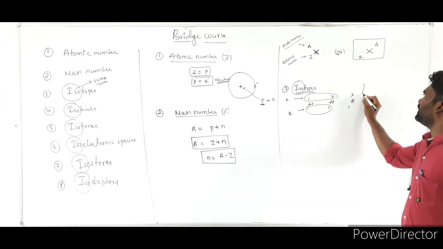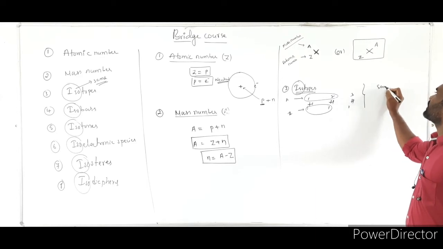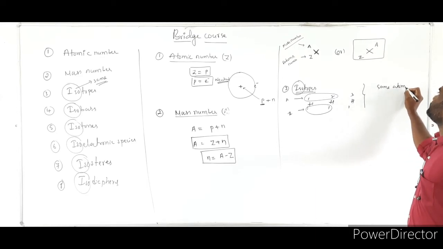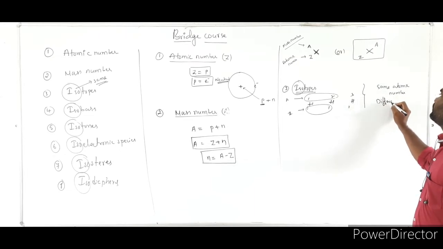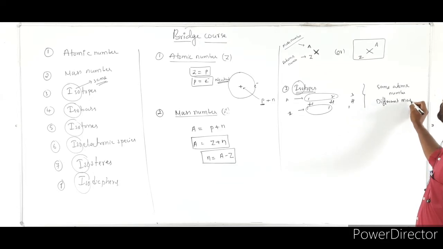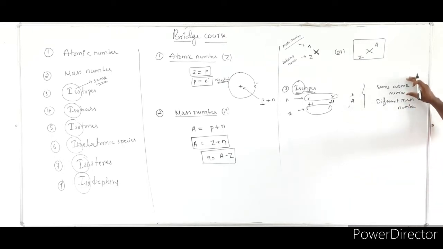So simply, one point here: same atomic number, different mass number. By taking this, we can define isotopes as atoms with the same atomic number but a different mass number.